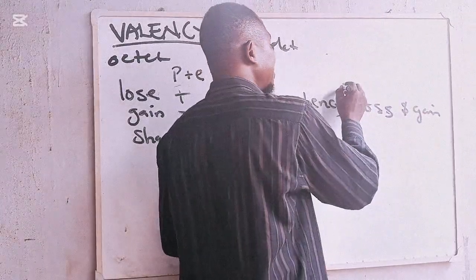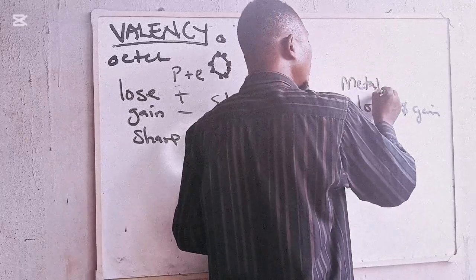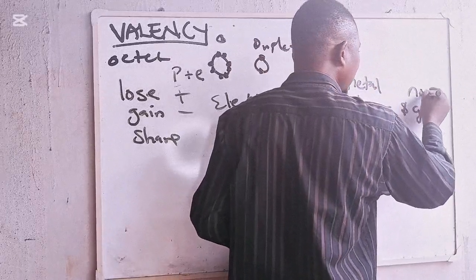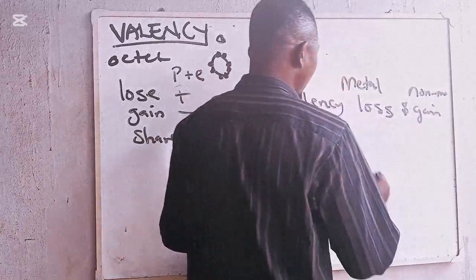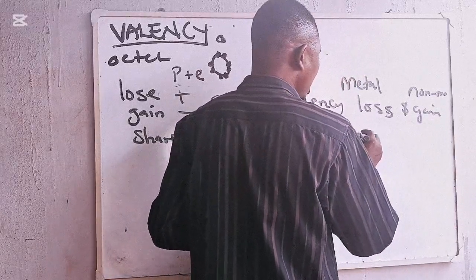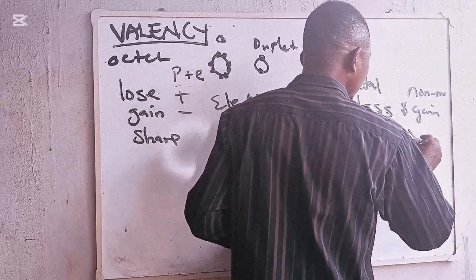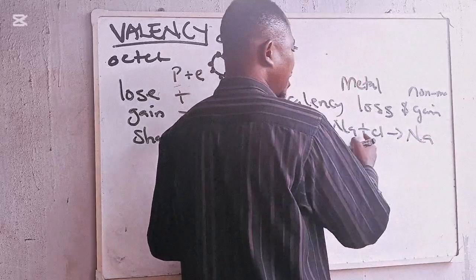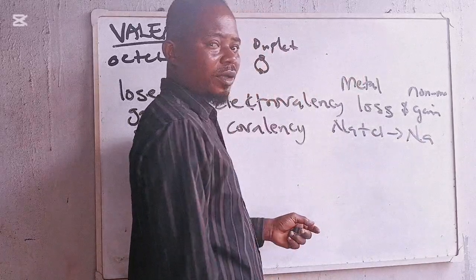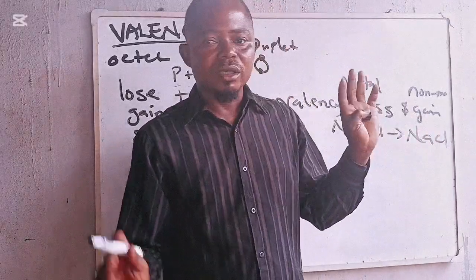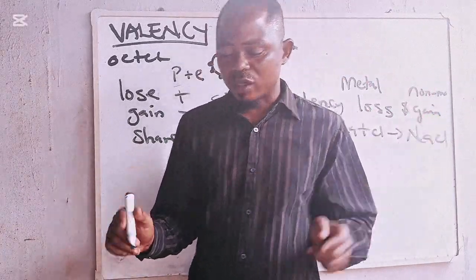Majorly, metals do the donation, that is, they lose electron, while non-metals gain electron. So for example, sodium can react with chlorine to form sodium chloride. This is your metal and this is your non-metal. Are you following? Your metal forms sodium chloride. This is what is formed.